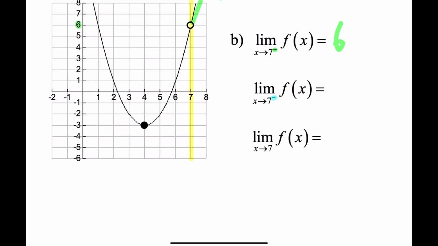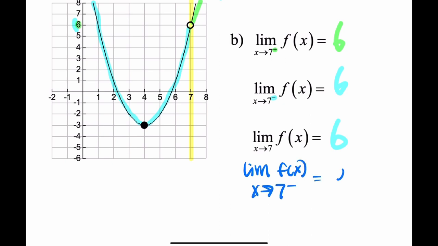And tracing from the left, I approach the y value of 6 as well. And the left side and the right side match, so I know the limit of f of x as x approaches 7 equals 6. And of course, I'm going to write my justification all the time for good practice. And I want to see the justification on your papers also. All right.